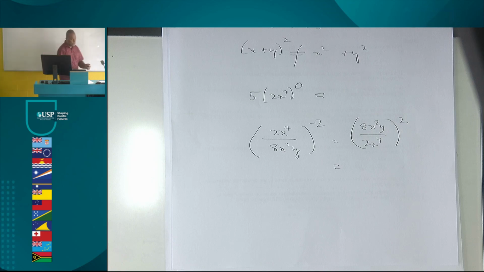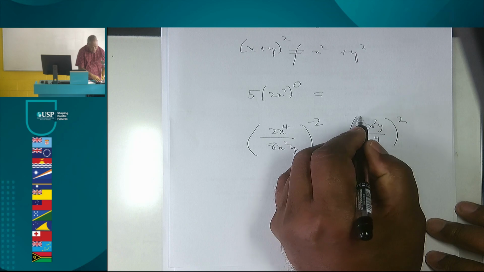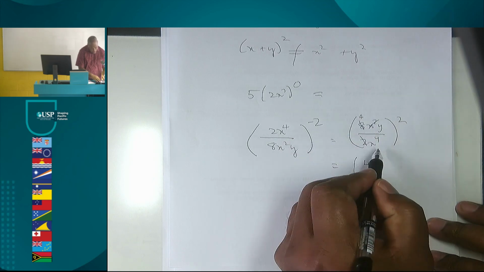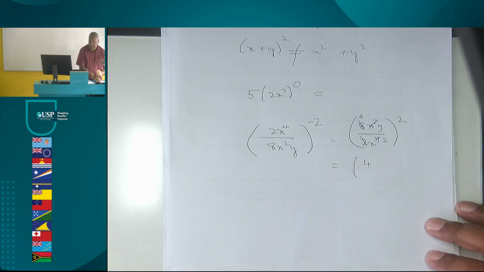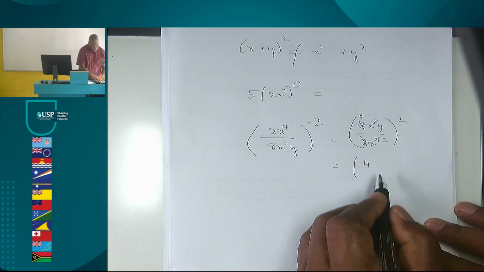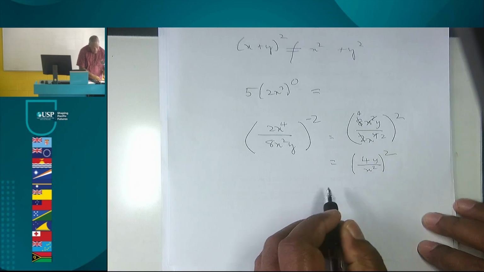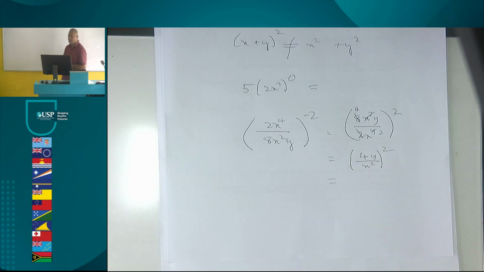I cancel 2 and 8, which gives me 4, and x to the 4 over x squared leaves me with x squared in the denominator, 4y. Now this is so much easier for us.